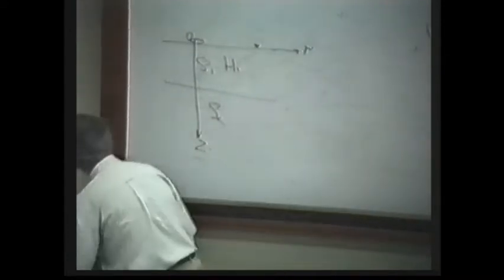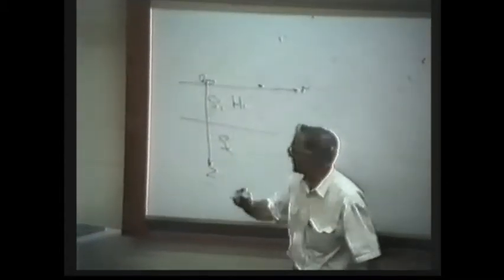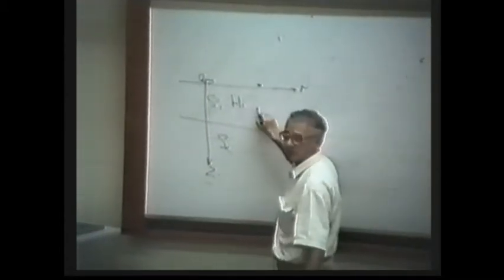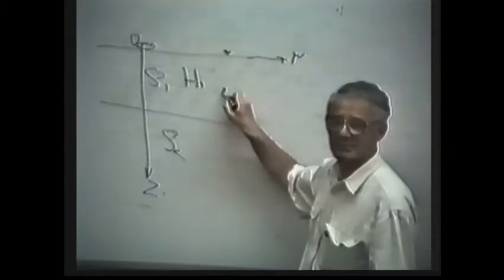Now we have only one component of the electrical field. So what happens from the physical point of view? What do you think? Frequency domain. Will we have current here?